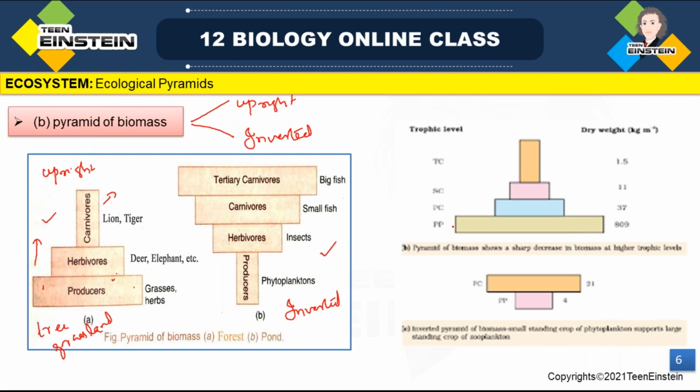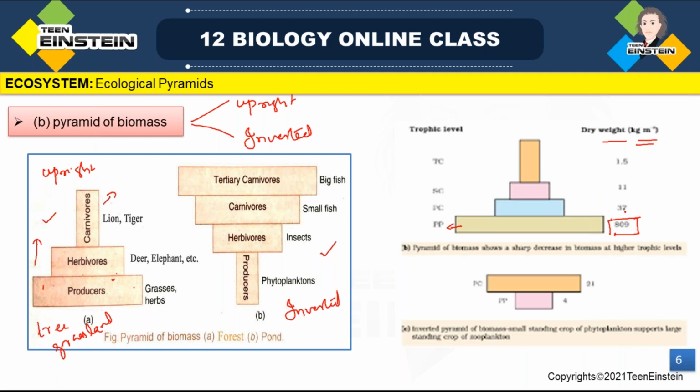See here, primary producers. Here you can see dry weight, the biomass expressed as dry weight, which we learned is the most comfortable way to express it, right? So here primary producers are 809 kg.